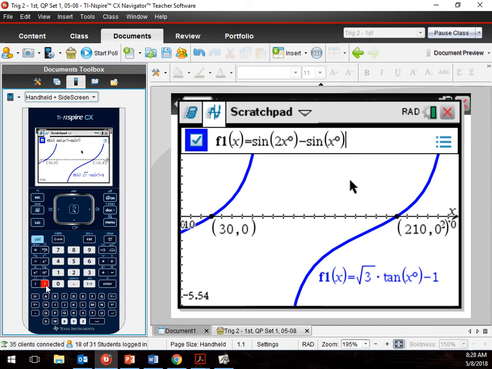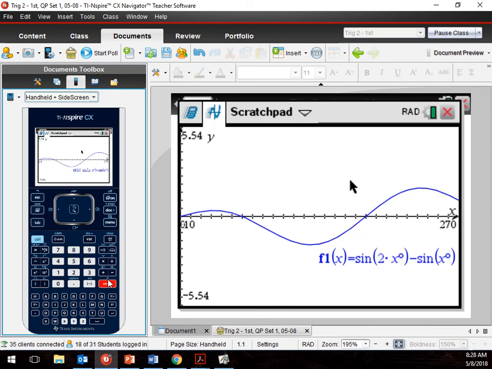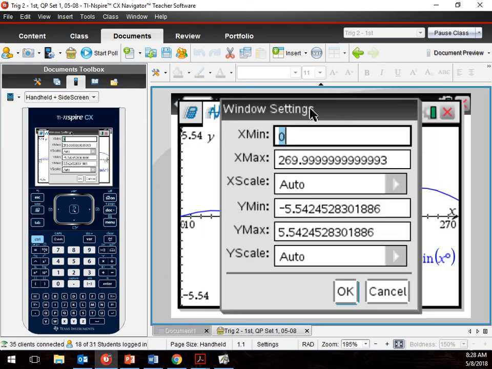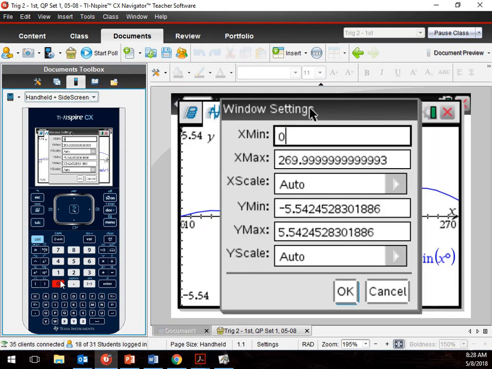Is that right? Okay, hope so. Do we have to change the window? I do at least, because when I was messing with the board, I messed up the thing. So I'm gonna change it. Window, 0, 360.